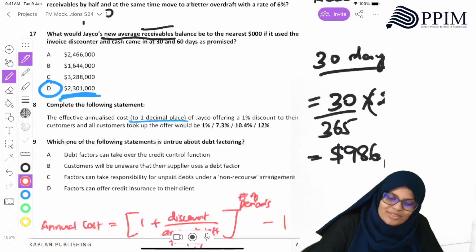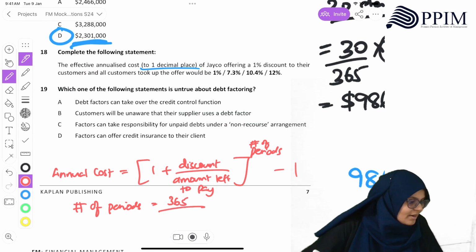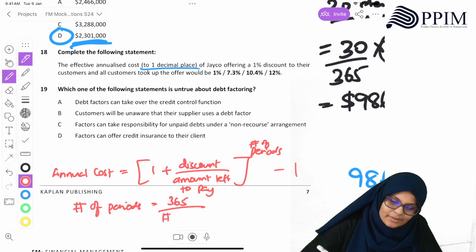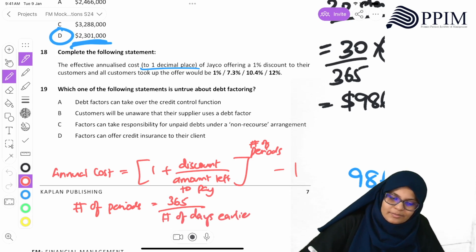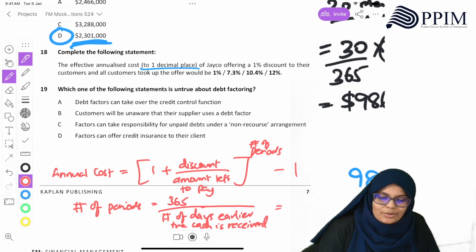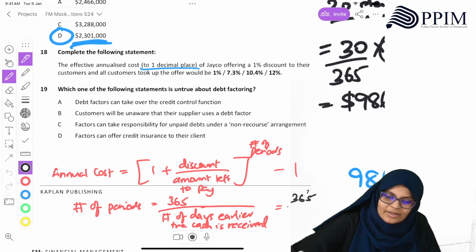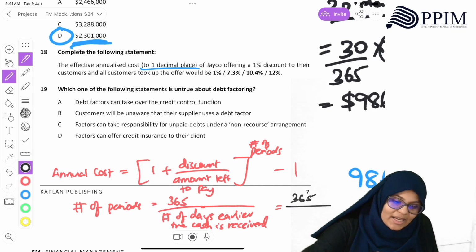So we will have to use days. So it will be 365 over number of days earlier the cash is received. Okay, so first thing is you need to calculate the number of periods, right? So that will be 365 divided by the number of days earlier the cash is received.